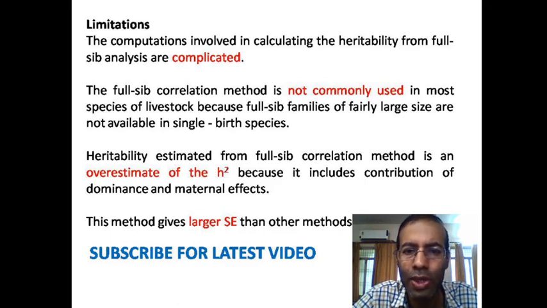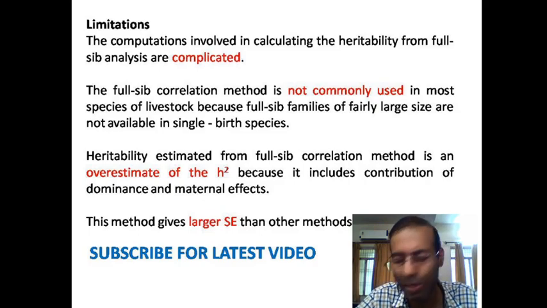So full-sib family size is very small. This is the second limitation. The third limitation is that this method overestimates the heritability value because it includes the contribution of dominance and maternal effects. In this case the standard error value is larger. So these are some limitations.